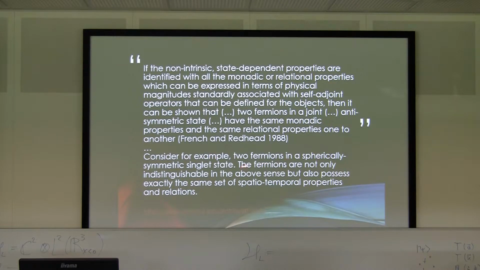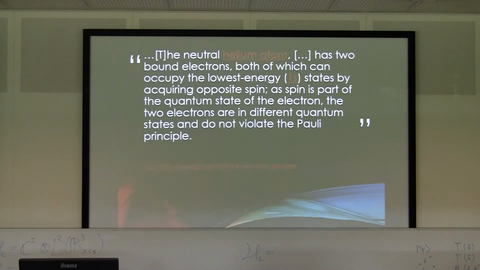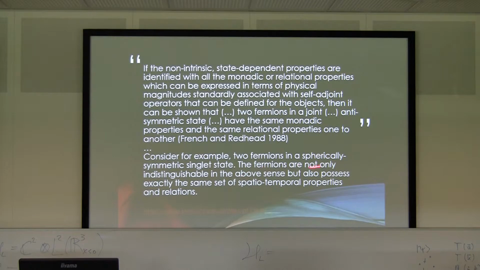Consider, for example, 2 fermions in a spherically symmetric singlet state, which is the case in the ground state of the helium atom. Fermions are not only indistinguishable in the above sense, but also possess exactly the same set of spatial-temporal properties and relations. If you read this, it suggests that the 2 electrons are not in different states, they're in the same state.